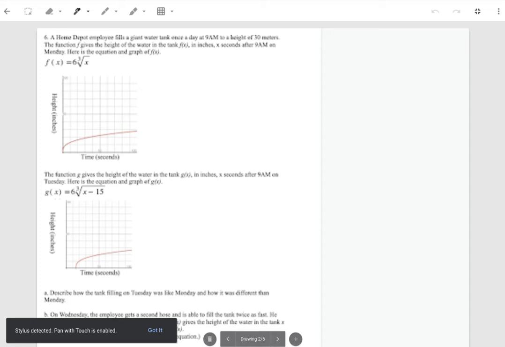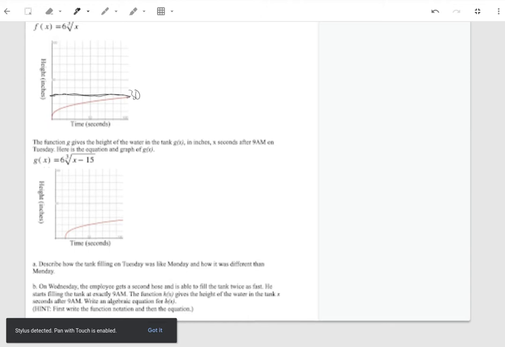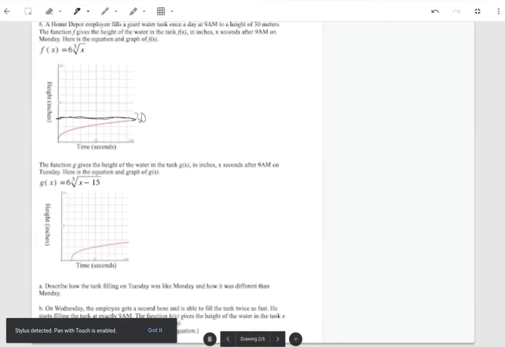So it's 6 times the cube root of x. That's the equation. And then we can see it's getting filled to a height of 30 meters. The function g gives the height of the water in the tank, g of x in inches, x seconds after 9 a.m. on Tuesday.